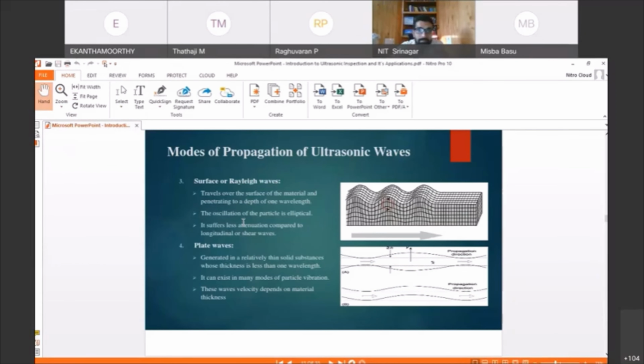So basically we will use them for lesser thicknesses only, like small tubes and small pipes which are less than one wavelength. Because many modes exist, the propagation is like a mixing of shear and translational waves, and it depends on the material thickness also.